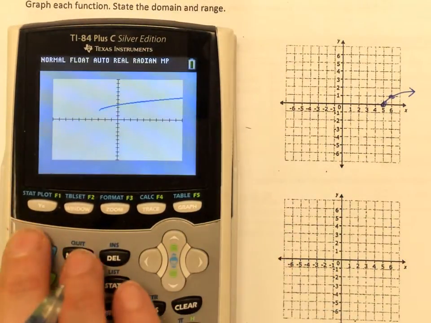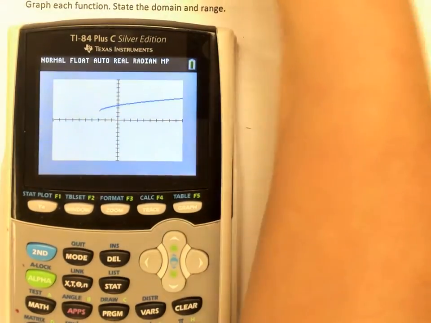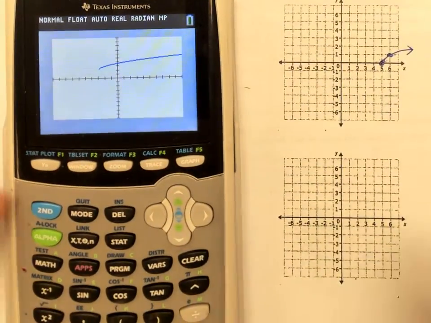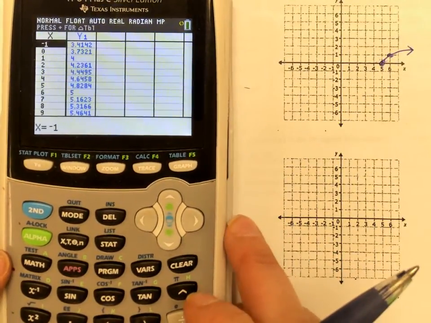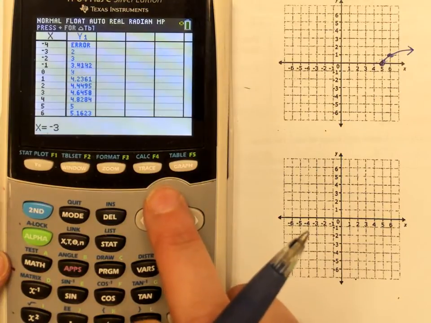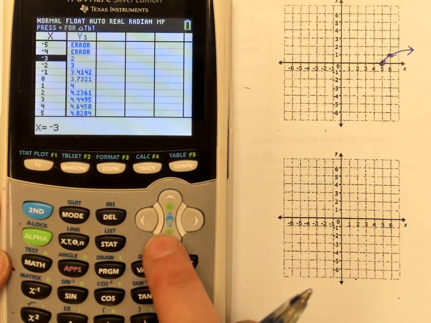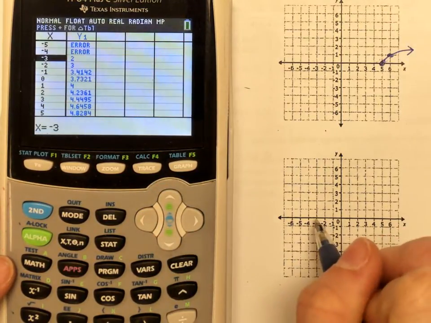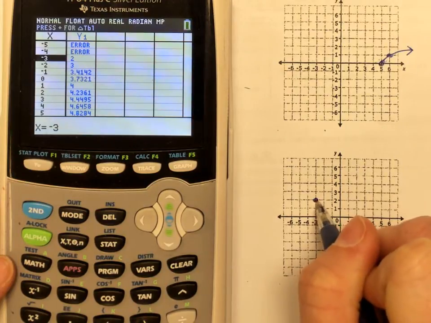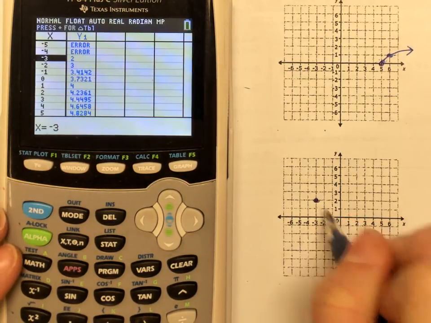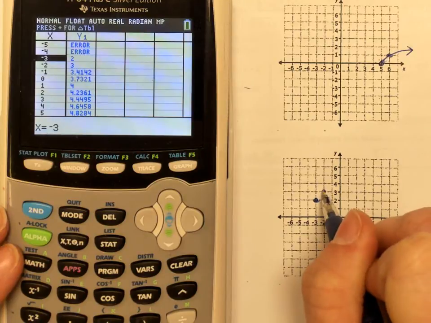There you go. Alright, so how can I tell my calculator, hey, I need some points to graph? Second in graph, second in table, however you want to call it. -3, +2 is the first one. Okay. And then you can do, what is it? -2, +3.